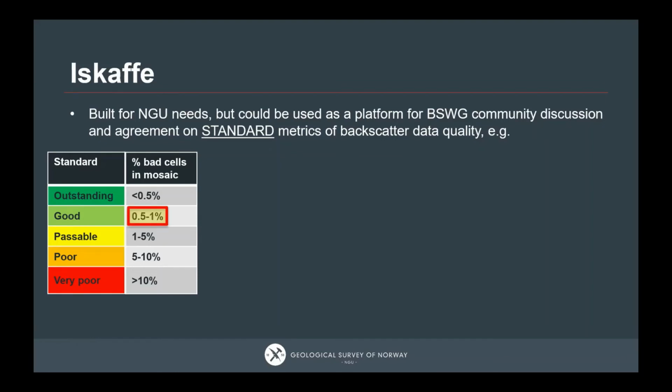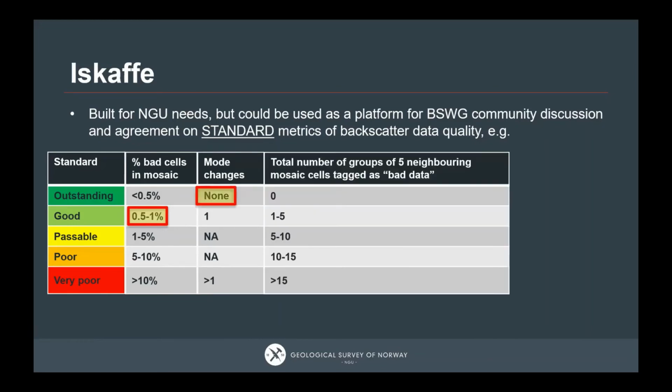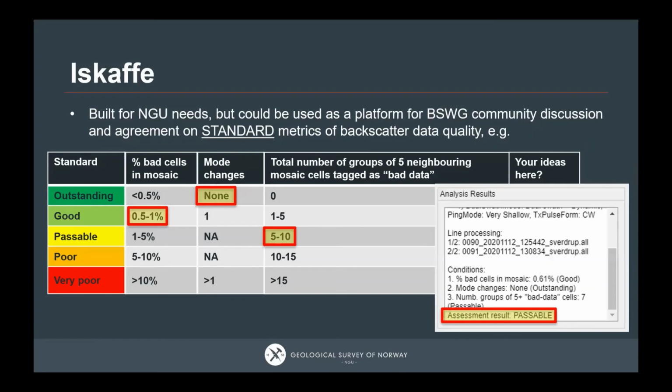For example, if I have 0.8% bad cells in my grid, then my standard is this. It's trying to come up with a lot of different metrics you can imagine, and every time rate your dataset according to that metric. At the end of your work, you take whichever was the lowest rating, and that's your overall rating. So this is not implemented, it's just an idea of how things could work.